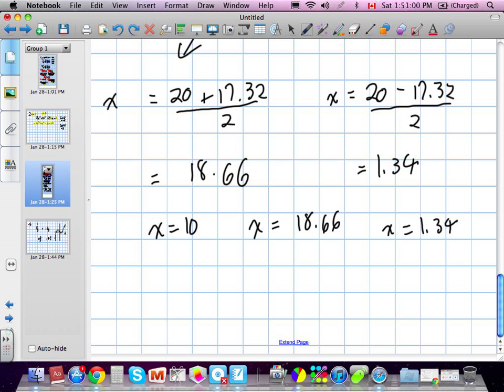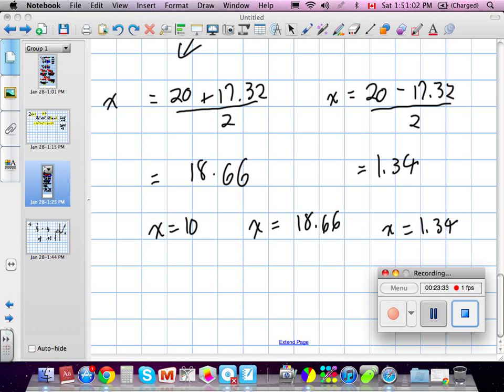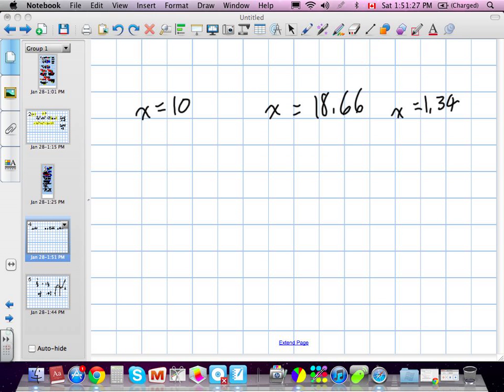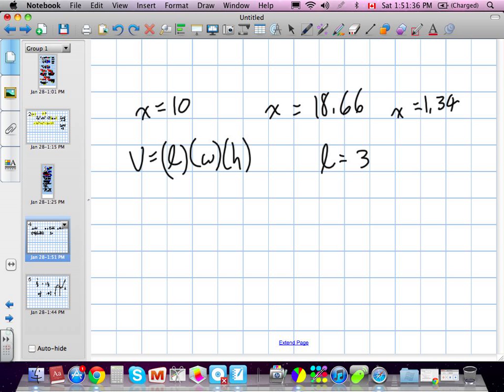Okay. Now we go back to our very original stuff. We'll go to the next page here for this. So to check this, we go right back to our original formula, which is volume is equal to length times width times height. We knew the length was 30 minus 2x, right?